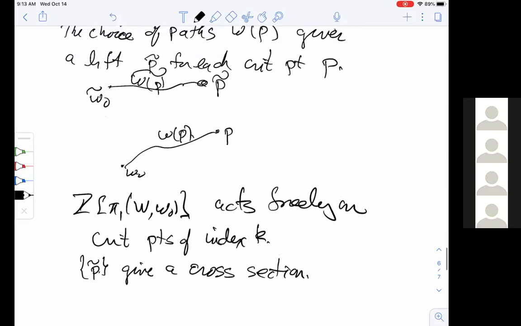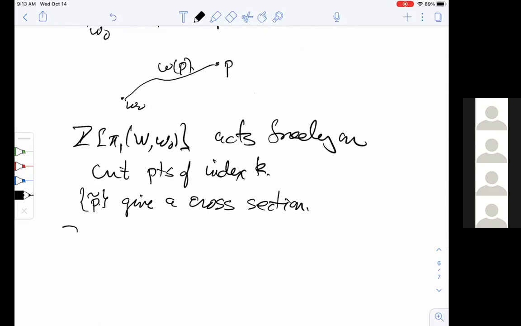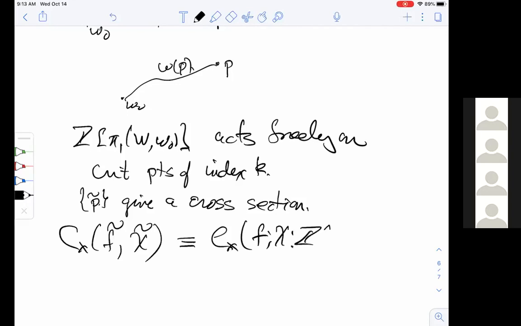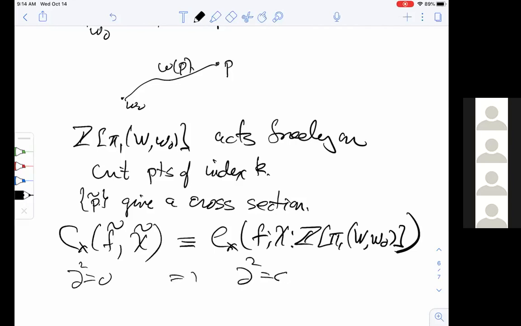So now we can form the Morse chain complex for this map on the universal cover and the gradient-like vector field with ordinary integer coefficients. And this is in fact identified with the chain complex downstairs with Z pi 1 of W coefficients. And the boundary maps agree. So boundary squared here is 0 because this is an ordinary Morse chain complex. So that implies boundary squared, as I defined it downstairs, is also 0.